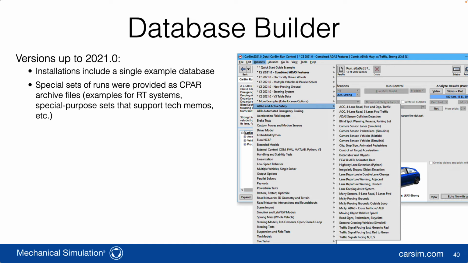And the other would be an example database that is what we provided that had a little bit of everything. So that would have all the stuff that you needed that didn't need a special license. To get the RT stuff, you would go through a separate step to import example data sets using a CPAR. When you did the installation, this is an example of what it looked like in 21.0.